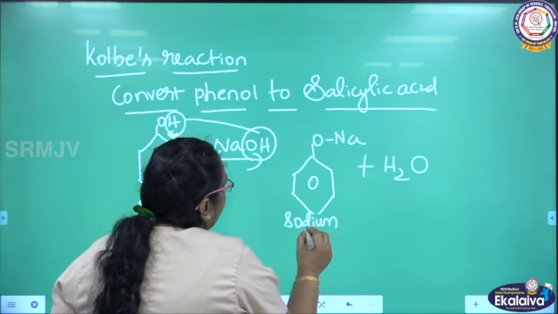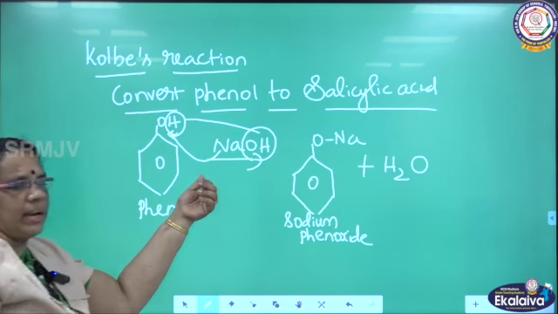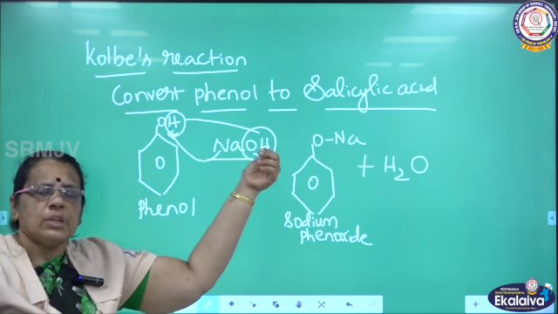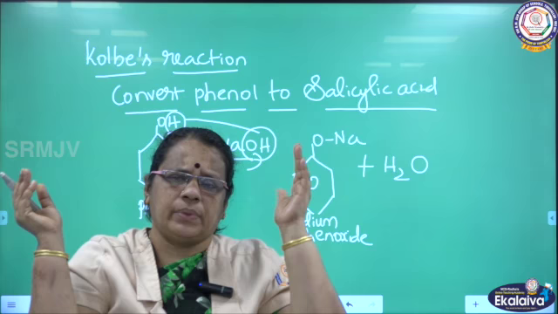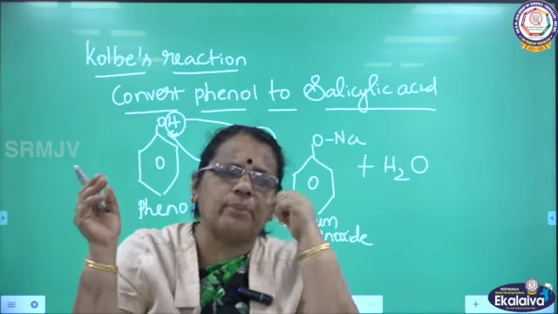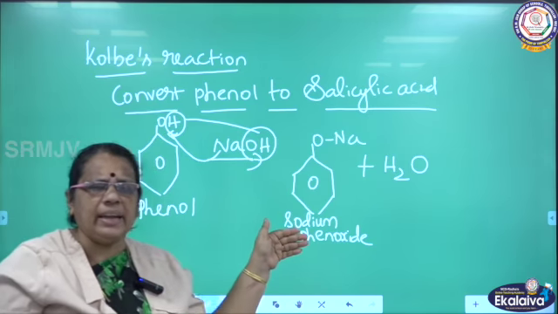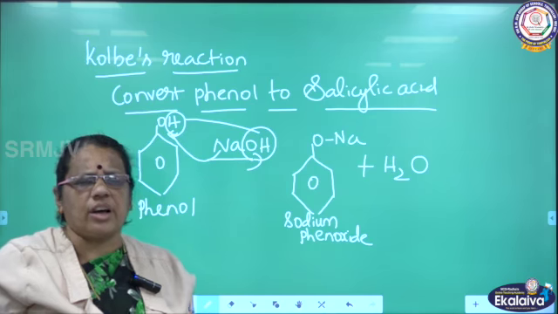So, phenol reacts with sodium hydroxide, hydrogen from phenol and OH from sodium hydroxide are removed as water. In the place of hydrogen, sodium is substituted. I am getting a salt here, which is sodium phenoxide, with the liberation of water.